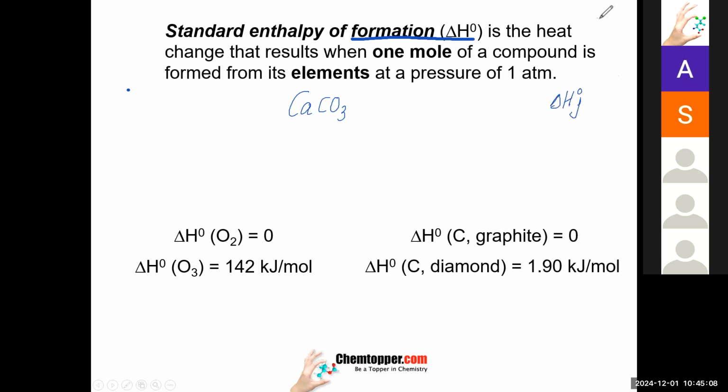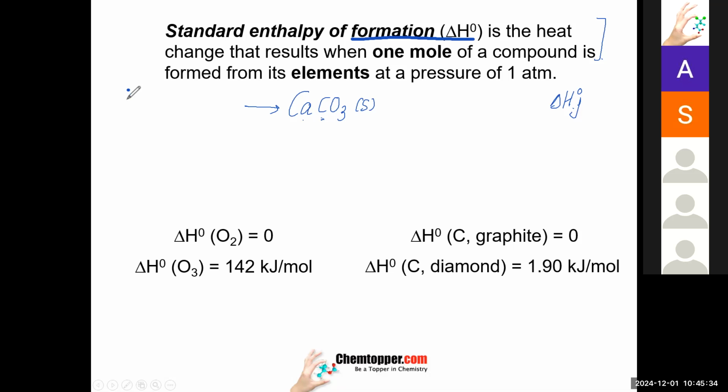So please pay attention to the definition. Delta H naught formation of calcium carbonate by definition is the energy change when 1 mole of this compound is formed from its elements.